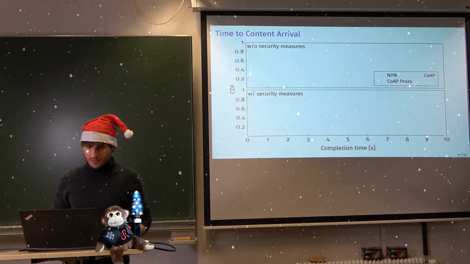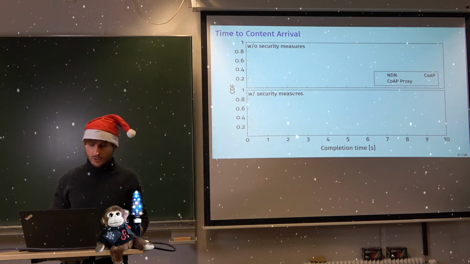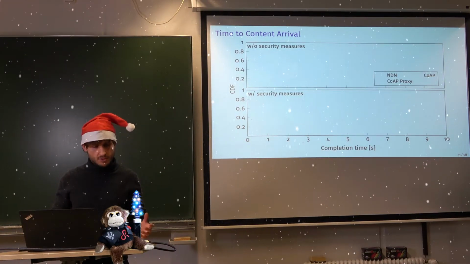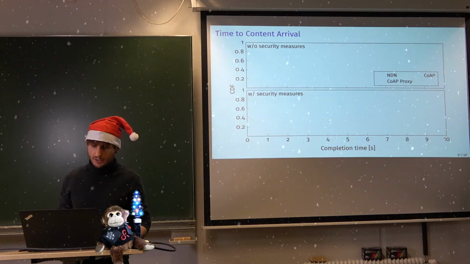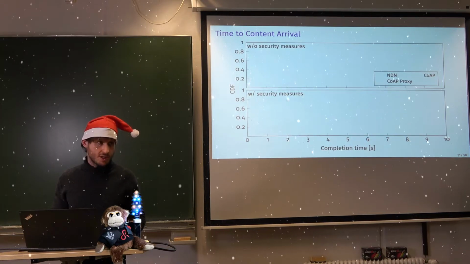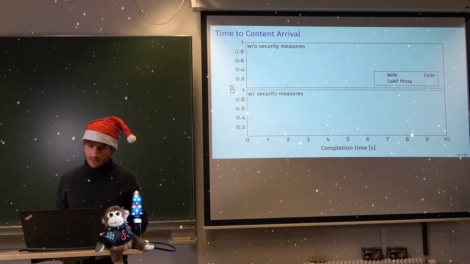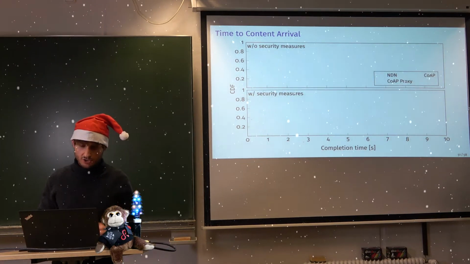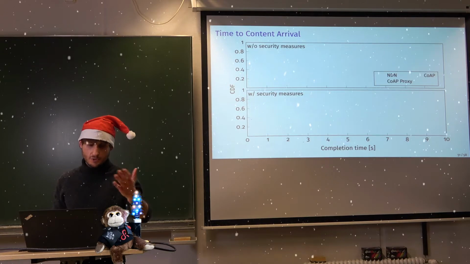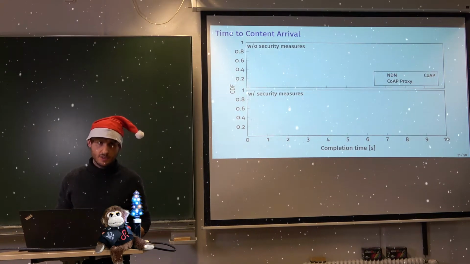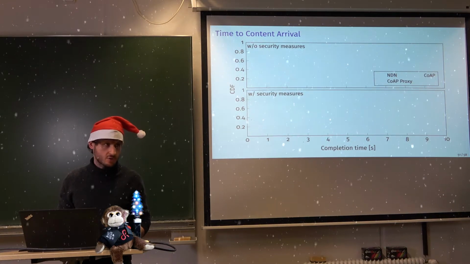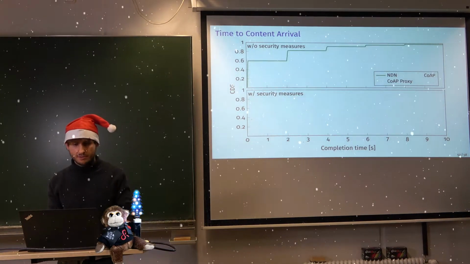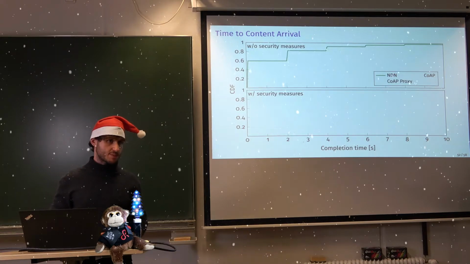Now we measured this setup again, using a slightly different, actually bigger, topology this time in this paper. We measured the completion time as before using NDN, CoAP, the normal CoAP, and then the CoAP proxy, which I just showed you. We first do this without security measures, so without DTLS, without OSCORE and without NDN protection features. What we can see is again the same staircase pattern as before.